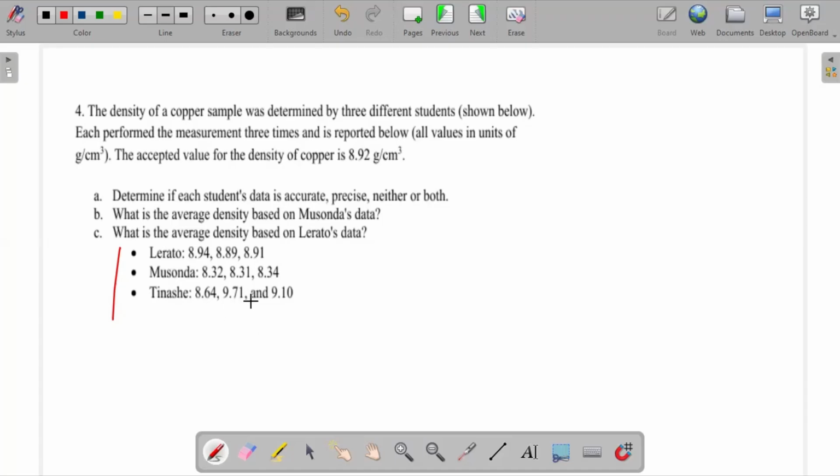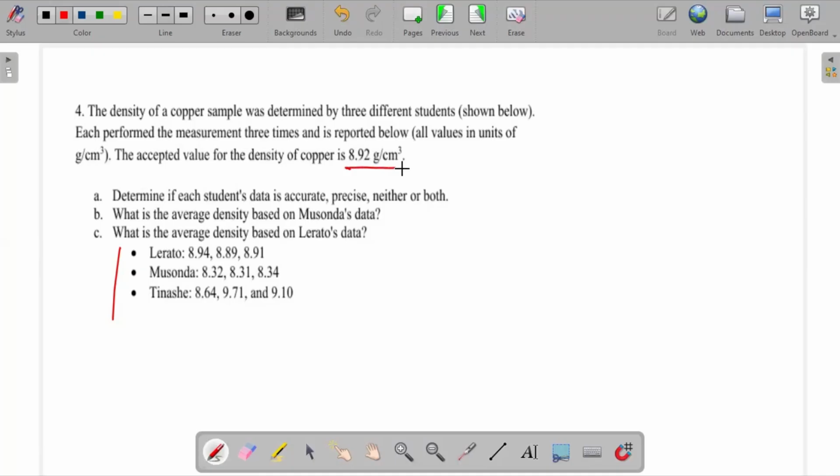And we've been given the measurements that we are getting. Each performed the measurement 3 times and is reported below. The accepted value for the density of copper is 8.92.